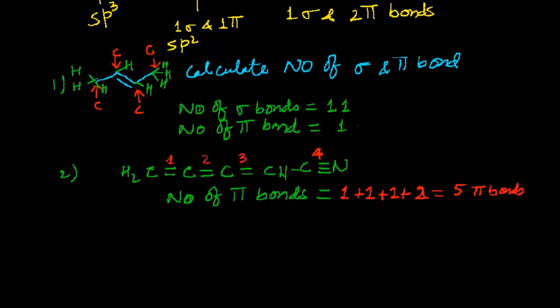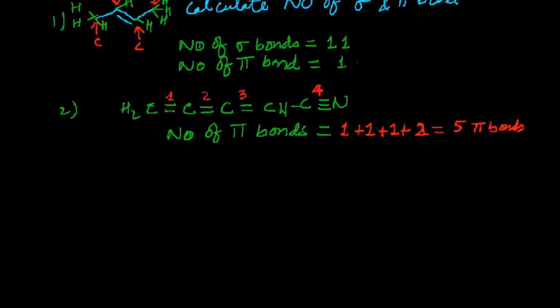Now if we have to find out how many sigma bonds there are, we can easily find out. As we can see here, this carbon has 2 hydrogens attached, so the number of sigma bonds will be equal to, we can easily calculate this by numbering carbon 1, carbon 2, carbon 3, carbon 4, carbon 5.